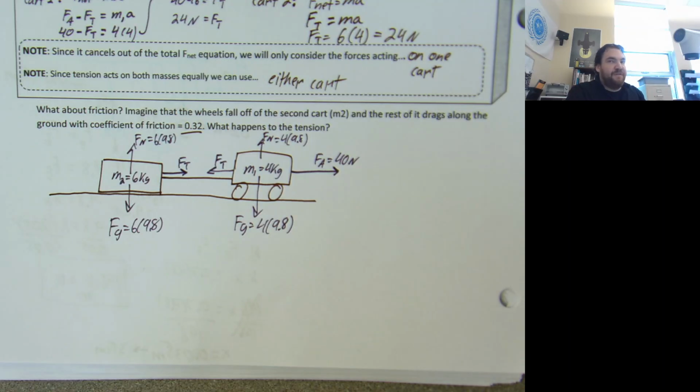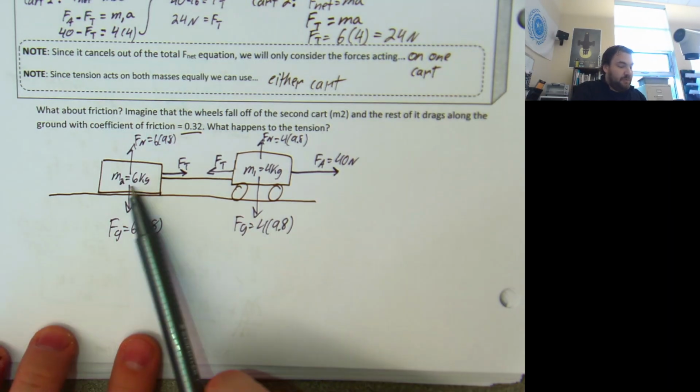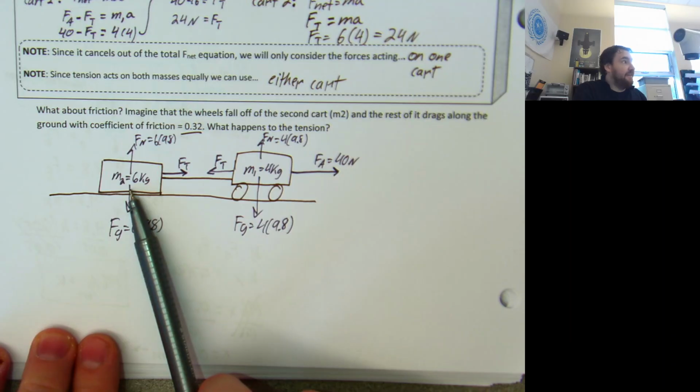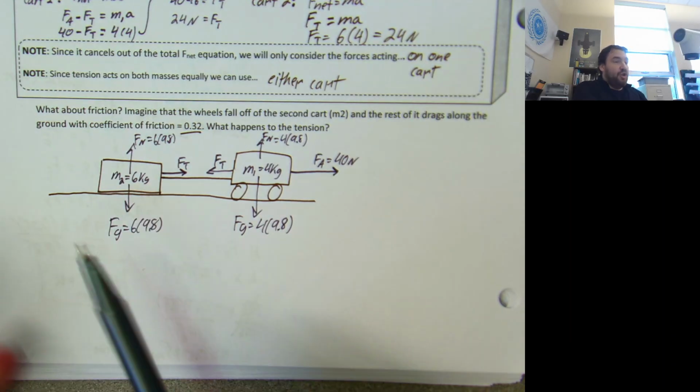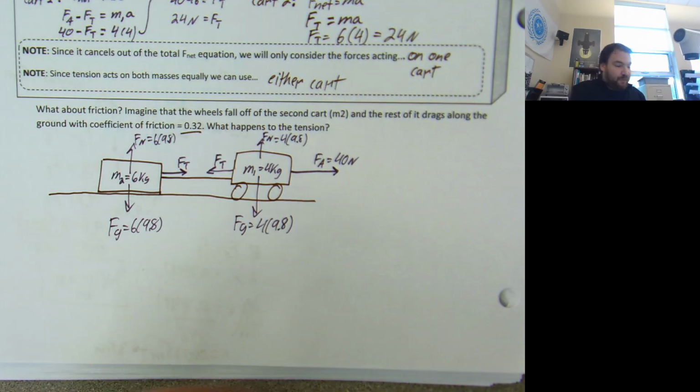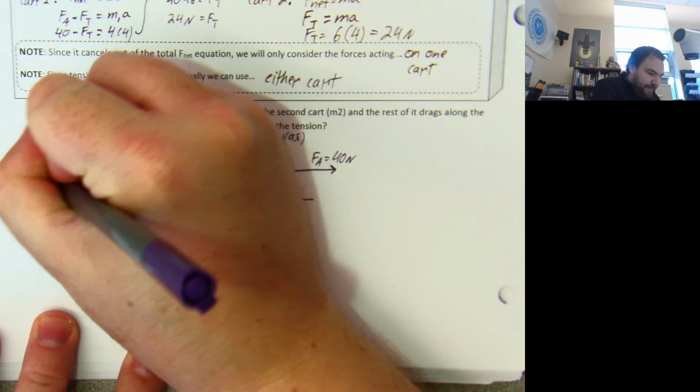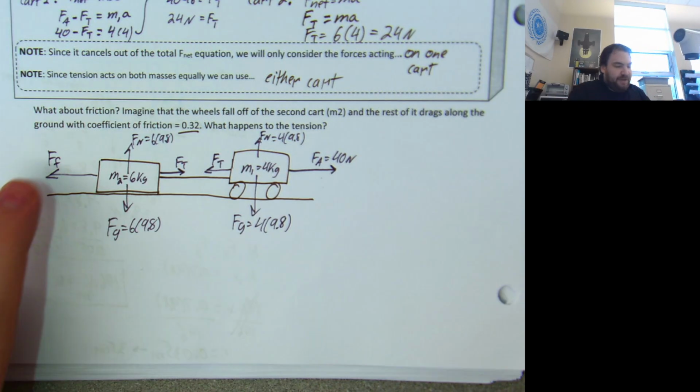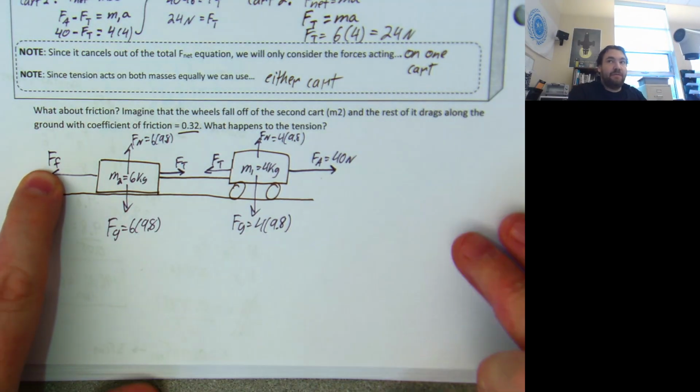And now that the wheels have fallen off, there's only one more force to add. Friction. Friction's which way? On which block and which way? M2. Yeah. And to the left. Friction opposes motion. The whole thing is sliding to the right. So friction's going to act the other way. This is the new piece that we've added to this.